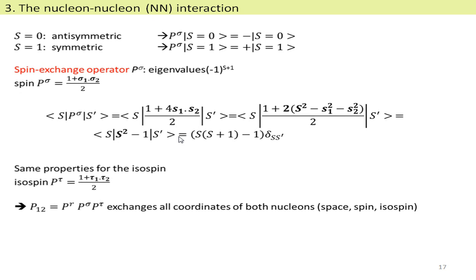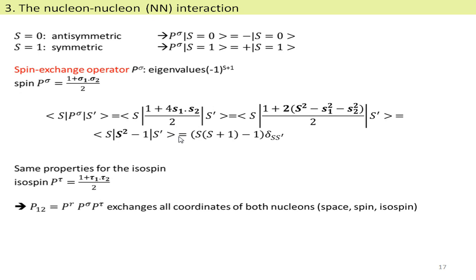So you immediately see that this operator provides you with 2 times S(S+1) minus 3, which gives, for S equals 0, -1, which is what you expect here. And for S equals 1, you have 2 minus 1, which is 1. So this spin exchange operator, P sigma, is just written like this.